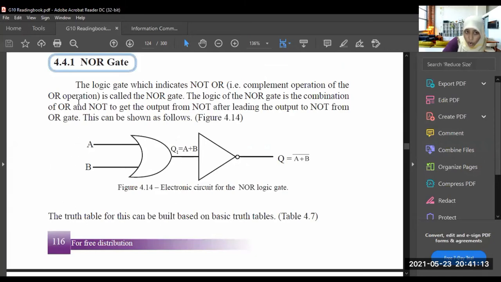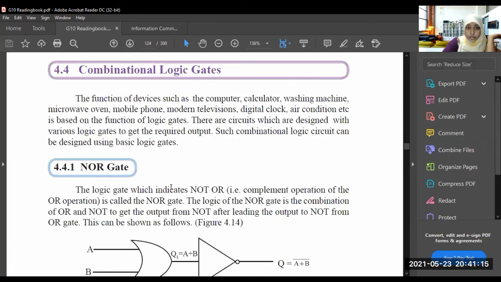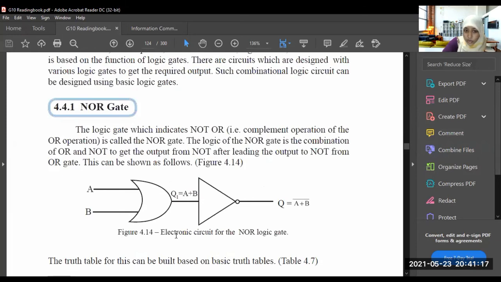This gate is an OR gate, right? With the OR gate, there is another gate here, no? NOT gate. So when these 2 gates are combining together, we name it as NOR gate. Not OR means NOR gate.